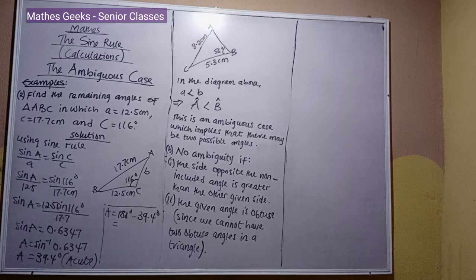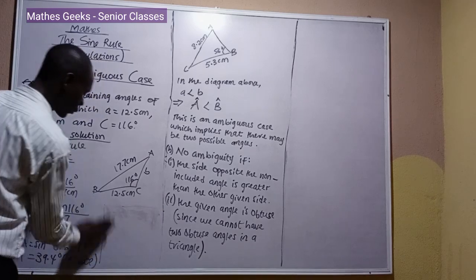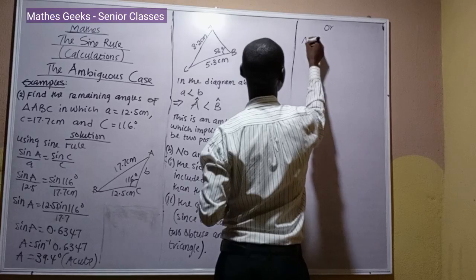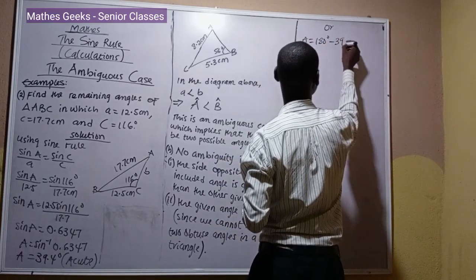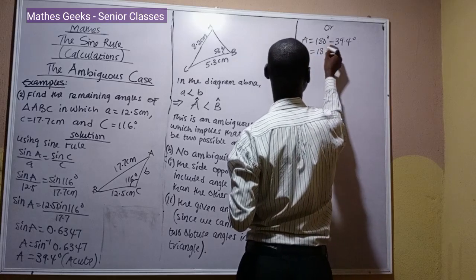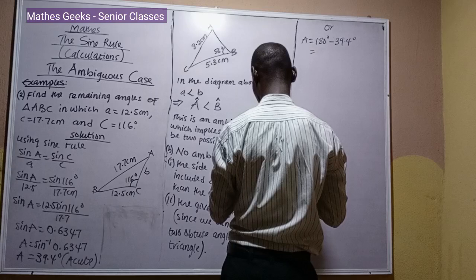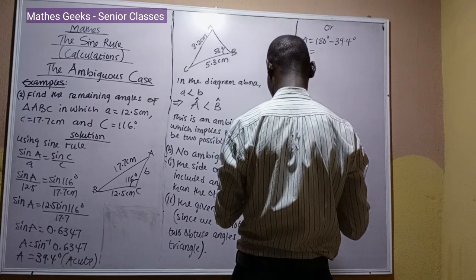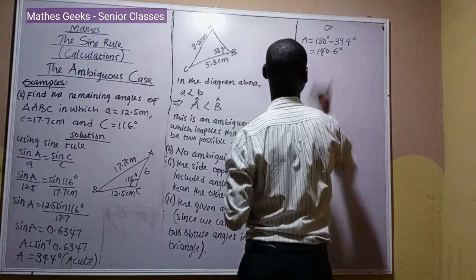That will give us 180 minus 39.4, 140.6 degrees.